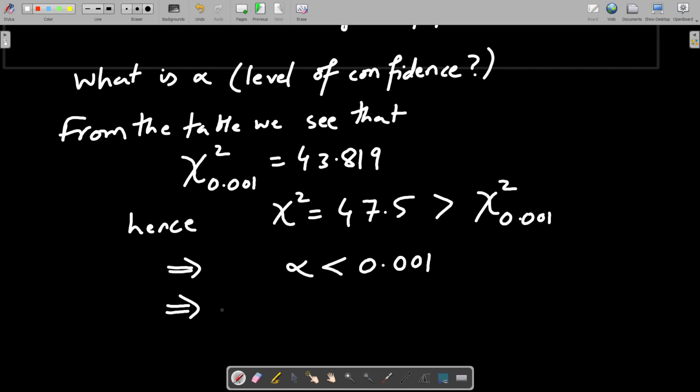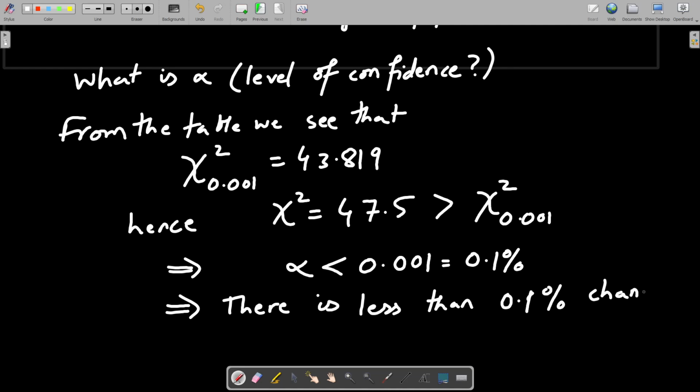So in other words, there is less than a 0.1% chance of this chi-square being greater than 43.819.